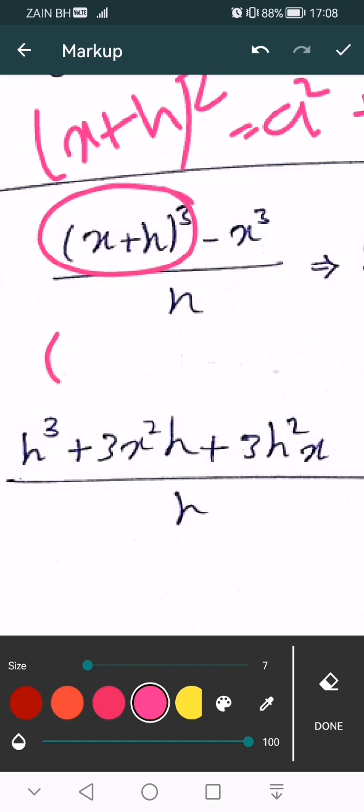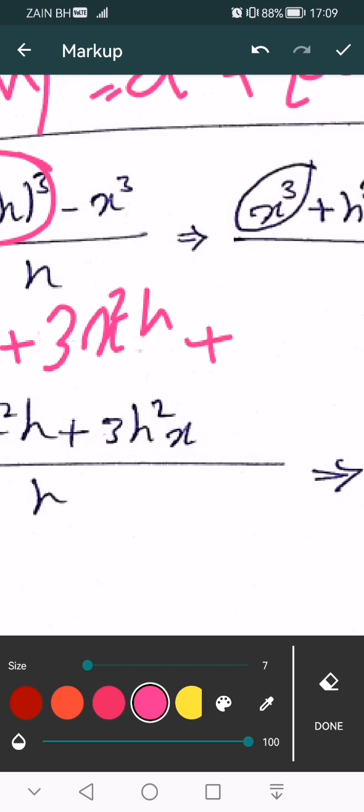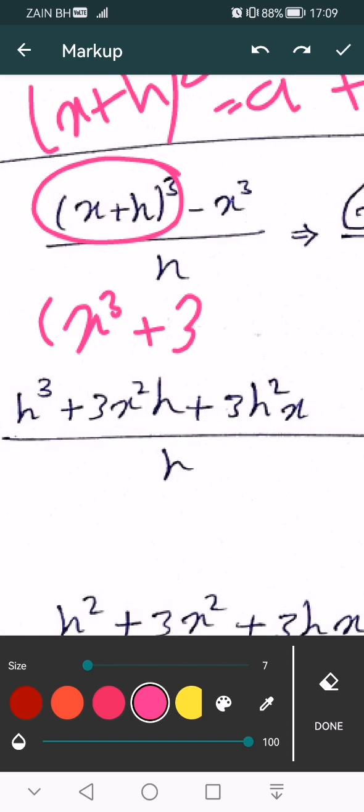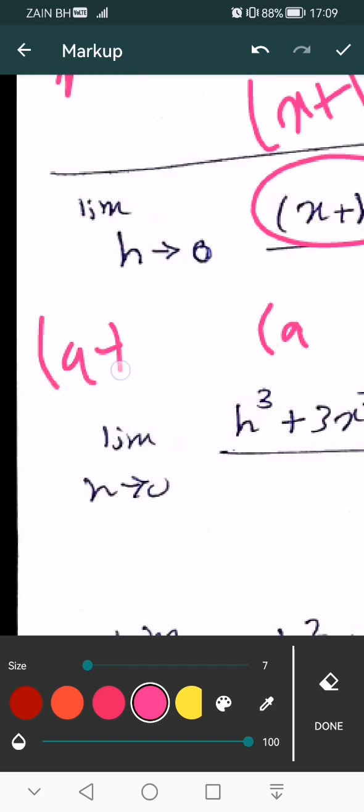I will have what we call the first cube plus 3 first square by second plus... I will write it for example with a. So for example I have (a plus b) cube.